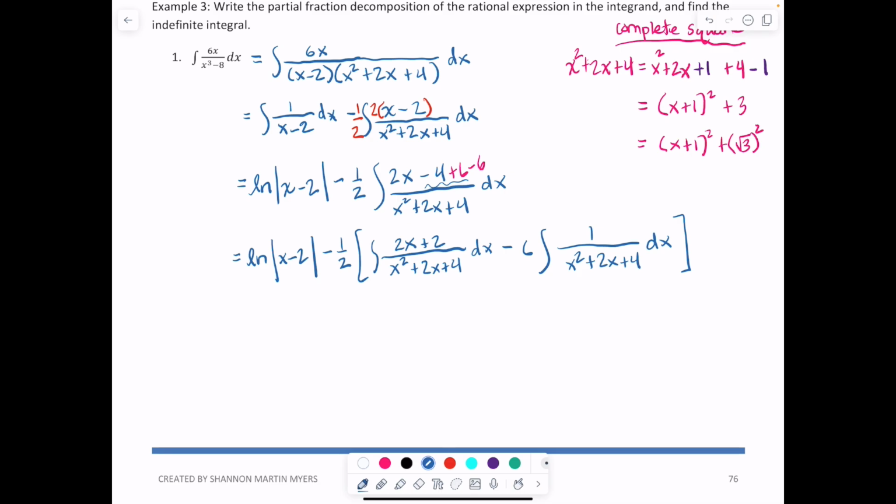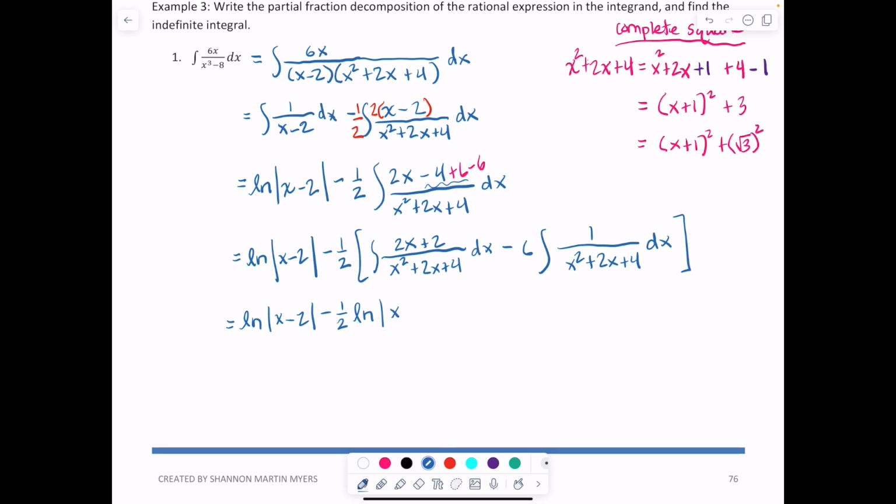We will have, carrying along our natural log absolute x minus 2 minus 1/2 times, I've set up the other one so I'm ready for the integration.